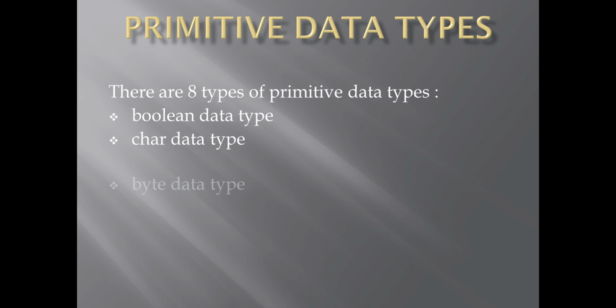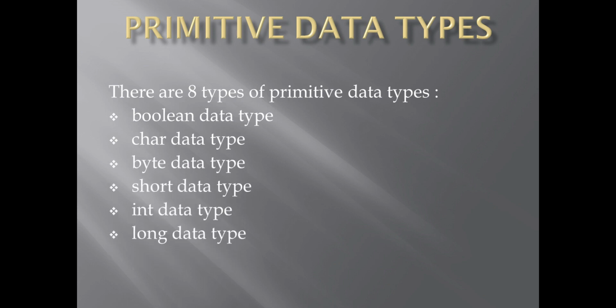As we said, we have 8 primitive data types. Boolean is used to store a value of true or false. Char is used to store a single character value.